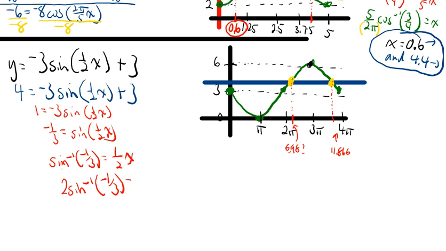All right, so when I do 2 inverse sine of -1/3, just to oversimplify, it would be -0.7, but let's call it negative 0.680.